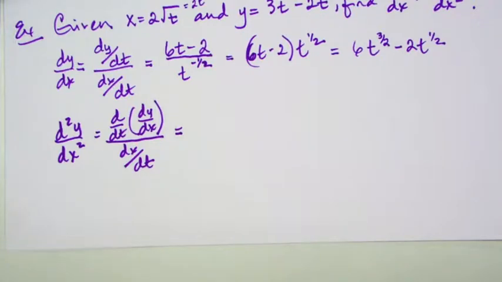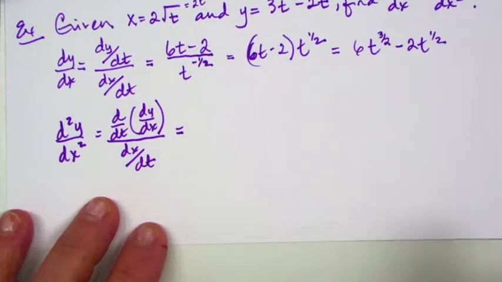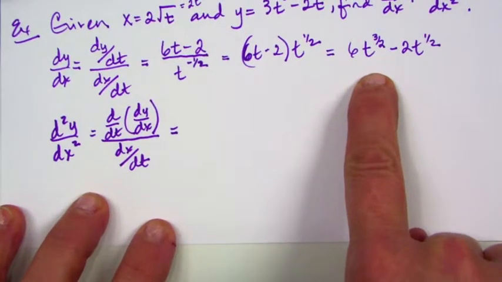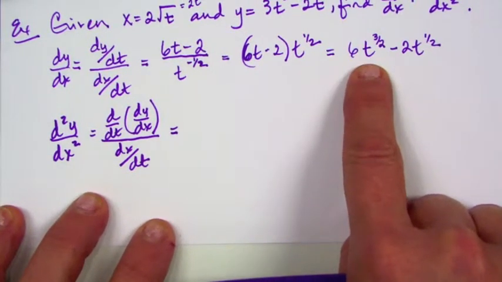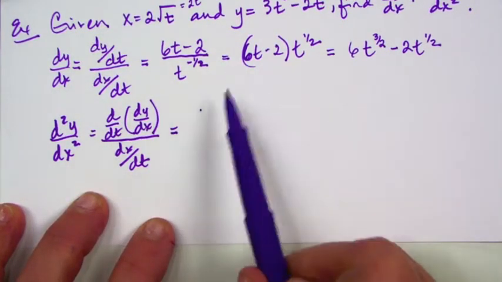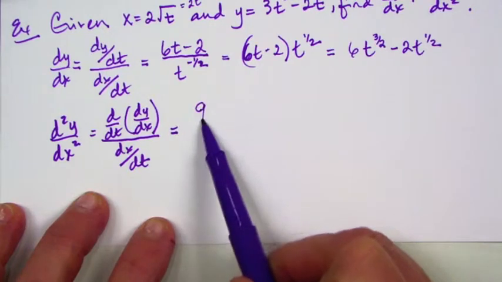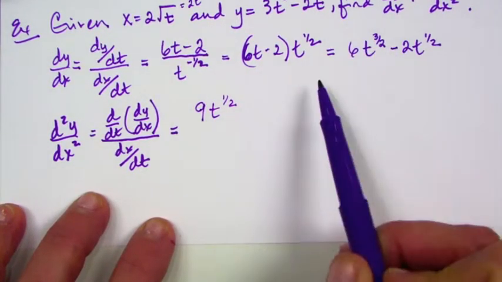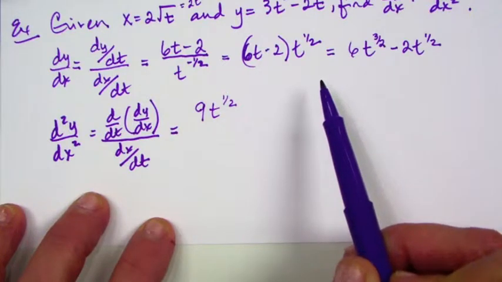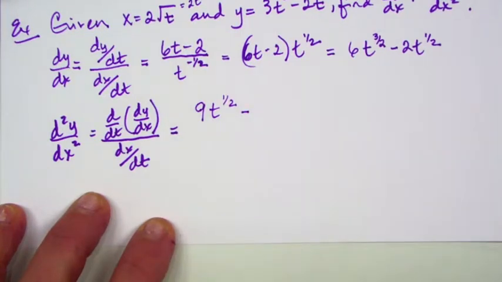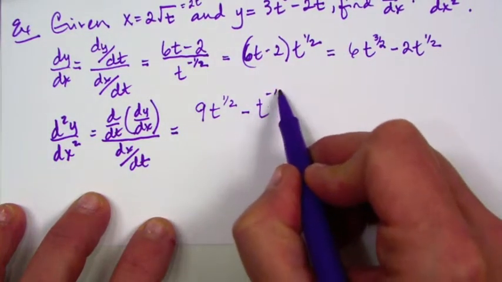It is. So what is the derivative of dy/dx? That's going to be 9t to the 1/2, right? I have to take the 3/2 down in front and multiply, and 3/2 times 6 gives me 9. So 9t to the 1/2 minus t to the negative 1/2.